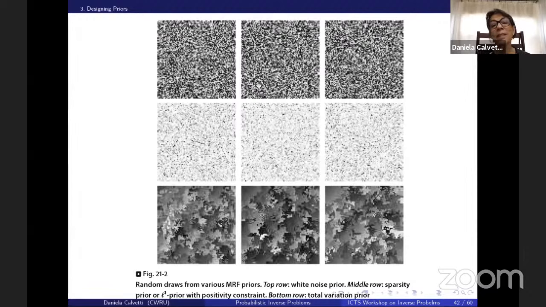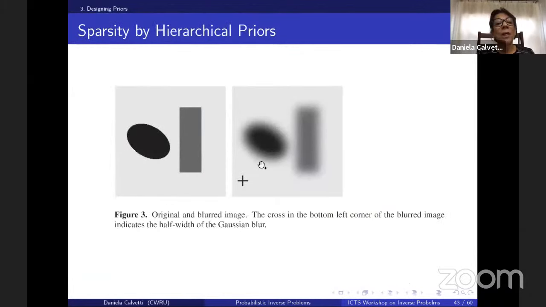This is a total variation prior. And the only reason I'm putting this slide up here is because, if you're choosing priors, choose them for computational convenience, but also it should correspond to what you are expecting from your solution.